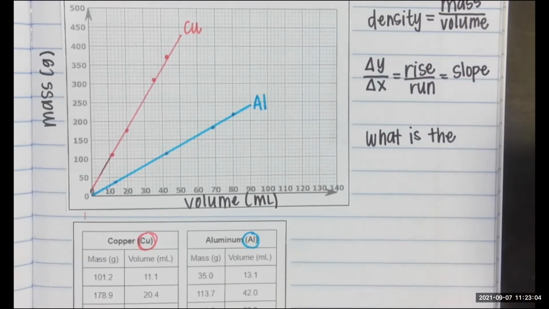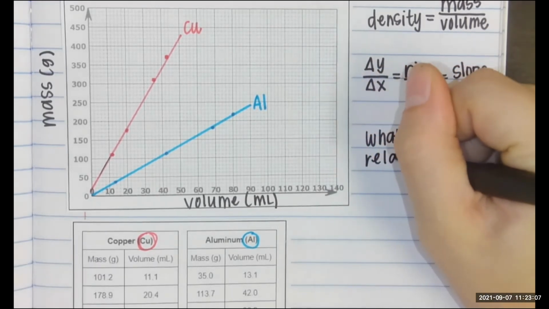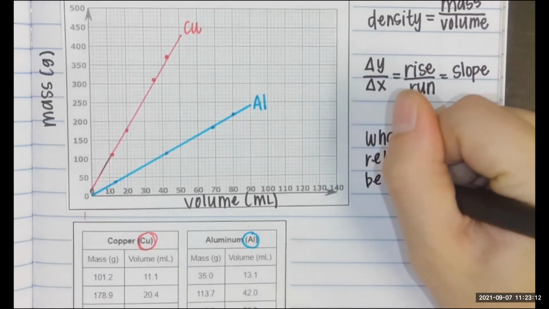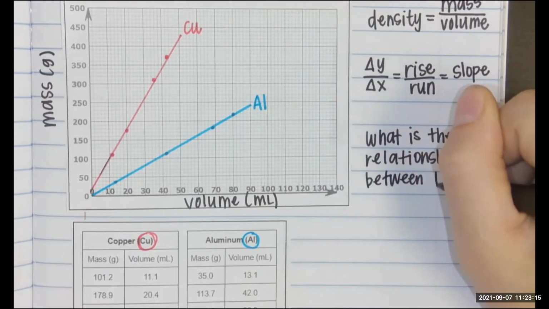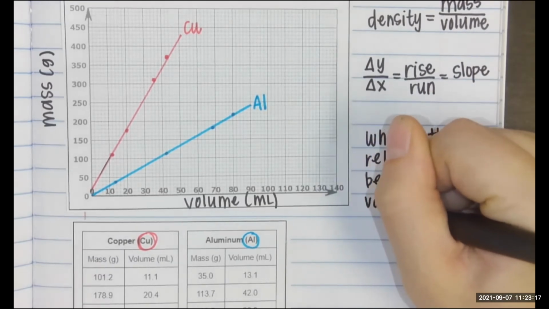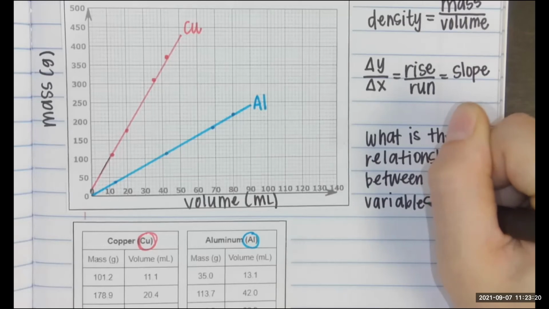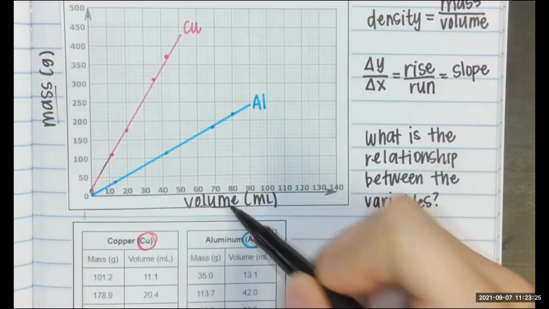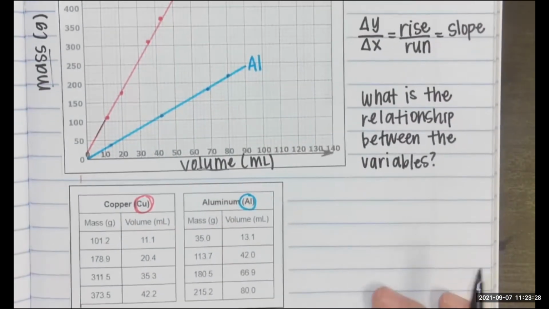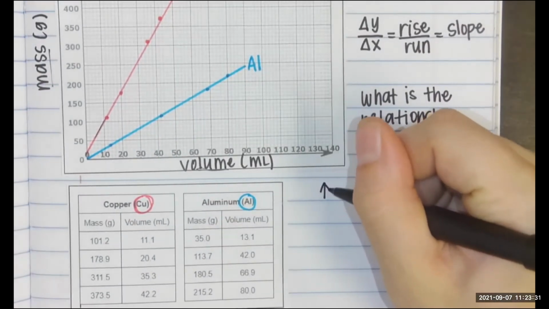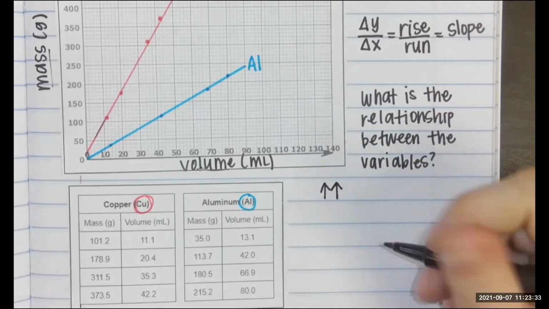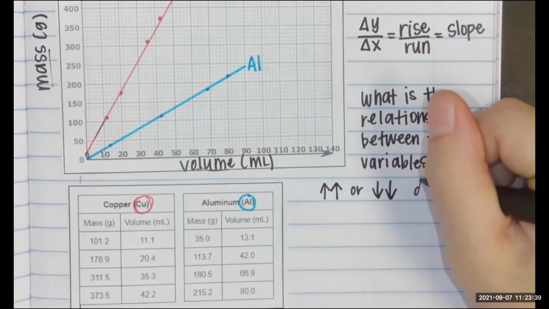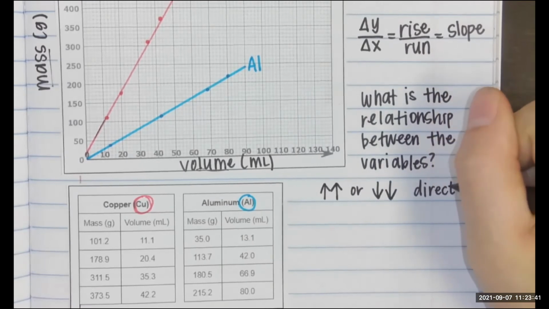But first, the question I want to ask is, since we're talking about graphs again, what is the relationship between the variables? The variables being mass and volume. Because if one of them goes up and the other follows, or if one goes down and the other follows, then we say that's a direct relationship.